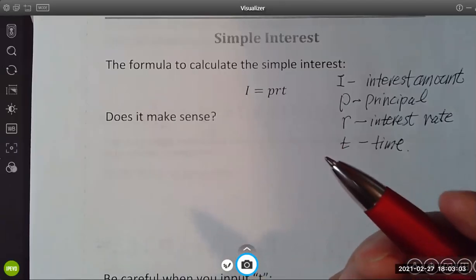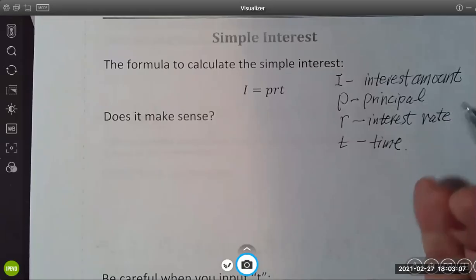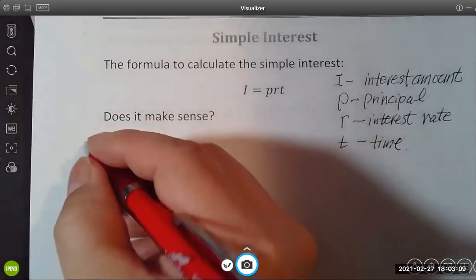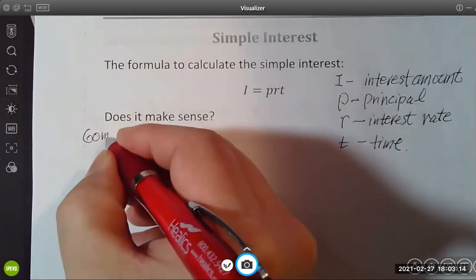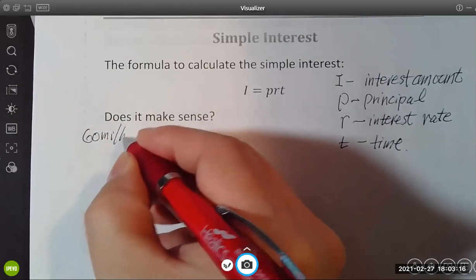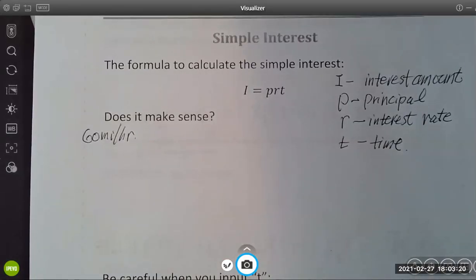I'm going to do that using an analogy in real life, which everybody can understand. So let's say you drive your car at 60 miles per hour, constant speed. Now let's look at some numbers between the distance you travel in miles and the time you drive in hours.